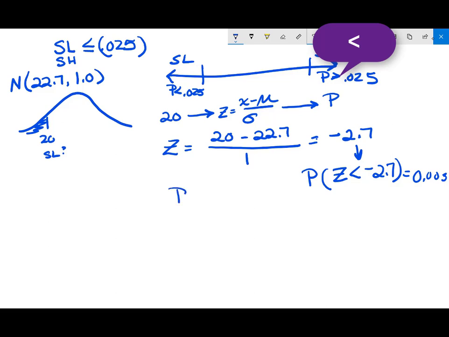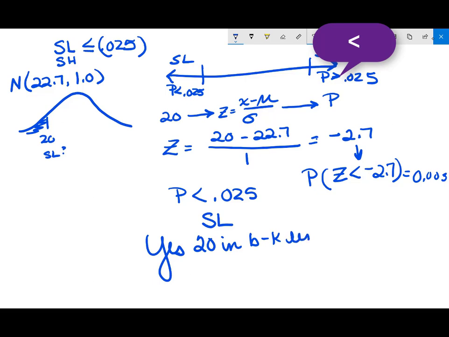So since my probability is less than 0.025, then this is significantly low. So yes, 20 inches back to knee length is significantly low.